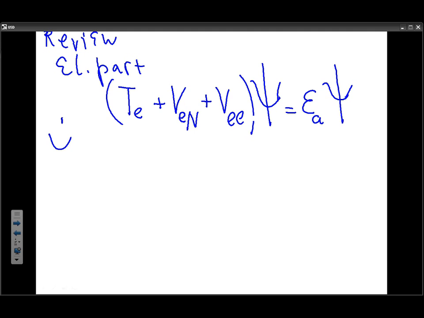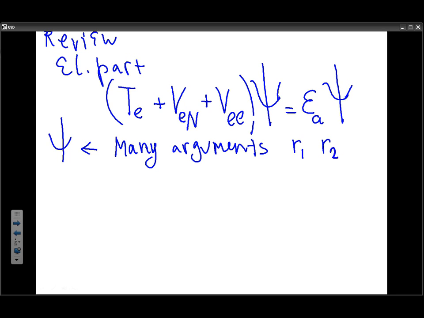Since psi depends on many arguments, positions of electrons number 1, number 2, number 3, we've made an acquaintance with the concept of the Slater determinant.